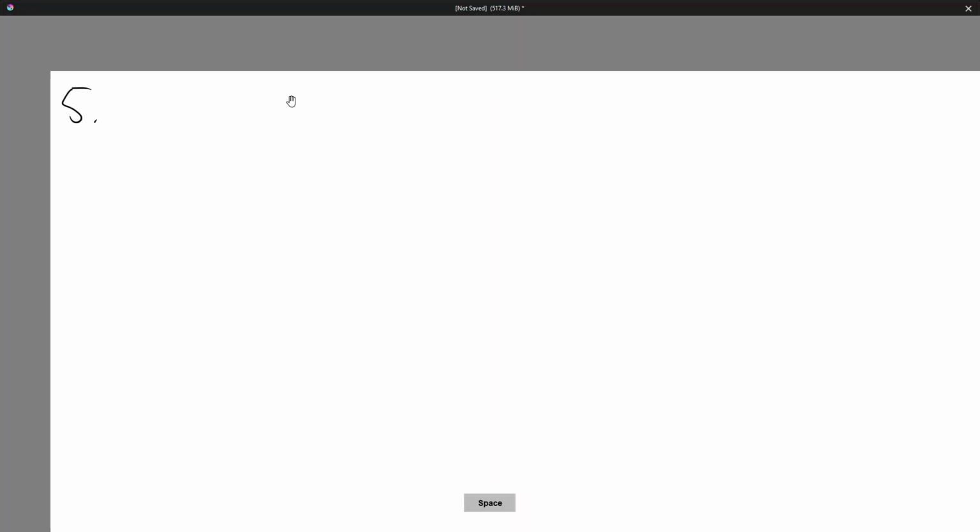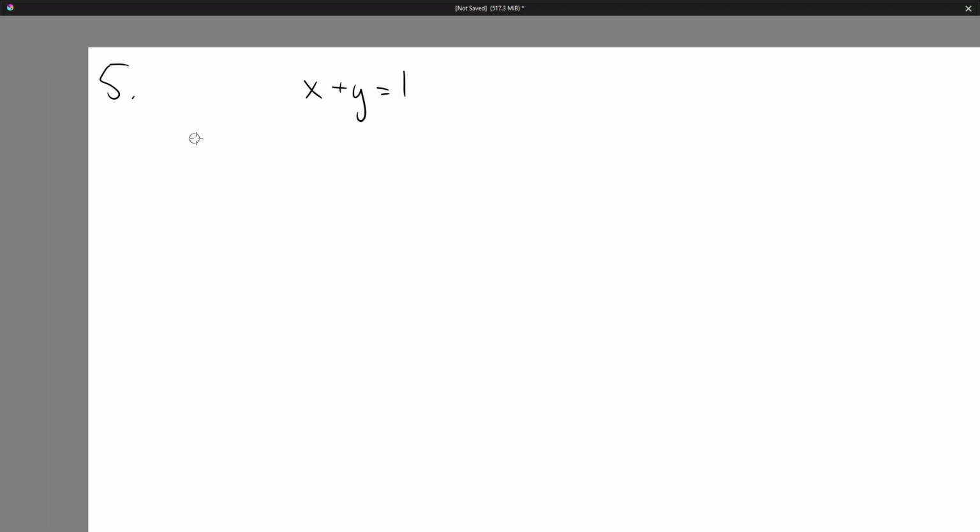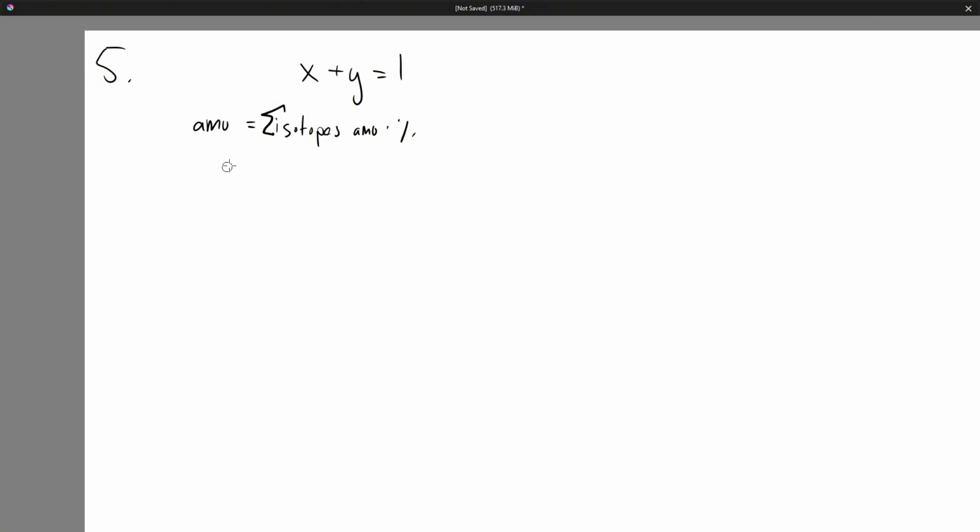So for this, since it's a two equation, two variable problem, we want to use the equation x plus y equals 1, and the atomic mass is equal to the sum of each isotope's atomic mass times its percent abundance.